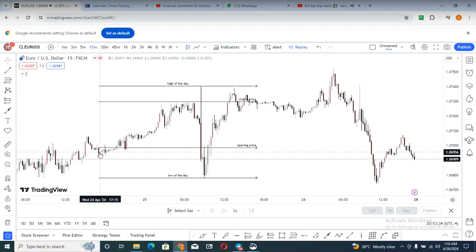Are you seeing what I'm saying now? Opening at this region, price went all the way up. Are you seeing that? It came down, creating a distortion in price, which caused a high being created instead of the low of the day being created first.